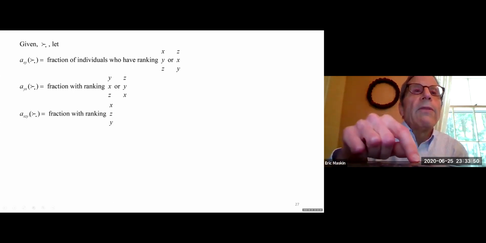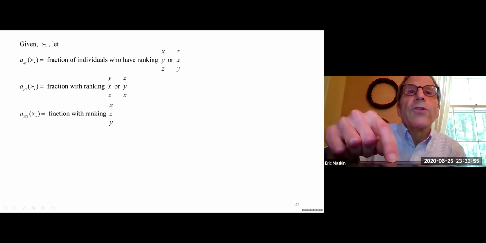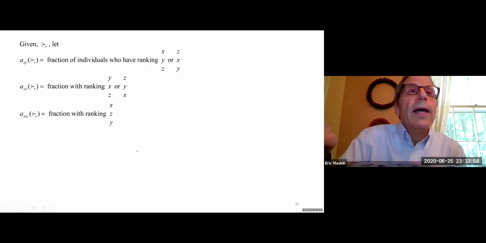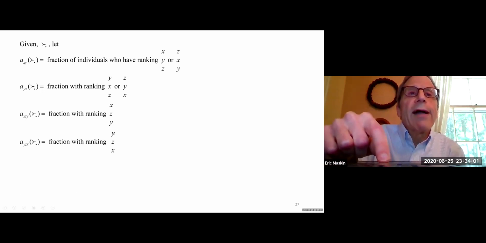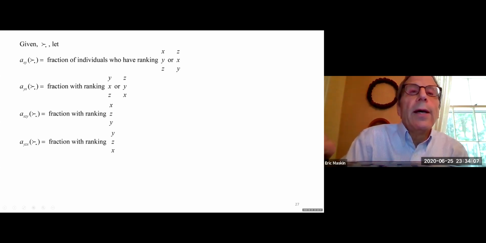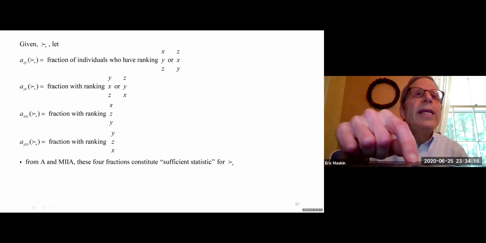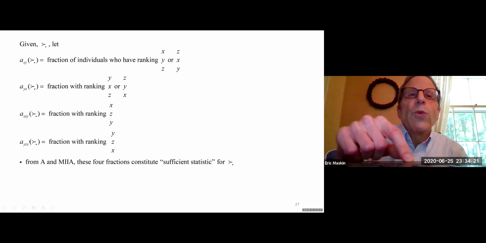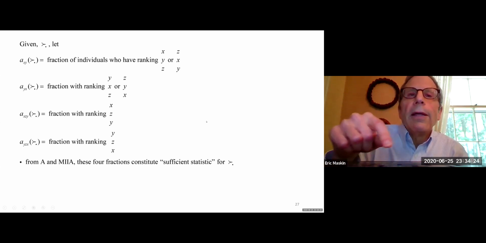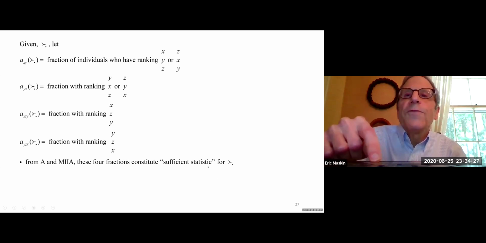And then there's the fraction who do put Z in between. So AXZY is the fraction with the ranking XZY. AYZX is the fraction with ranking YZX. Now, for any profile, we only have to know these four numbers in order to deduce what the social ranking is.